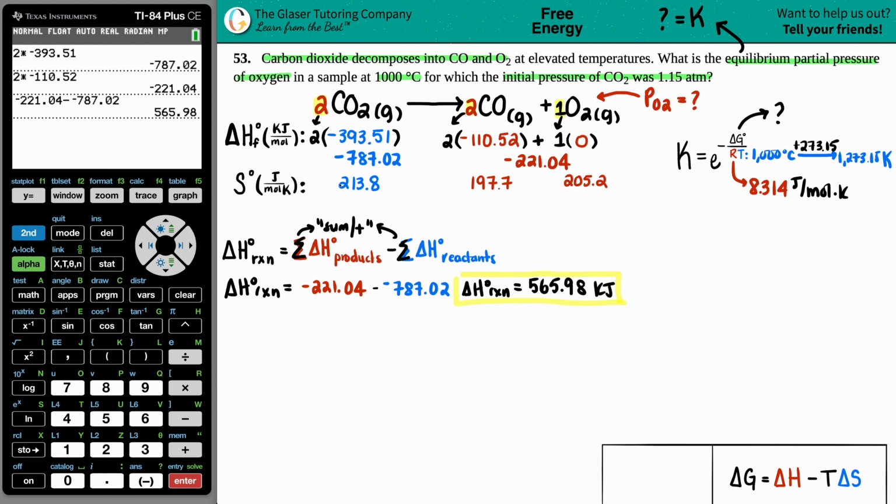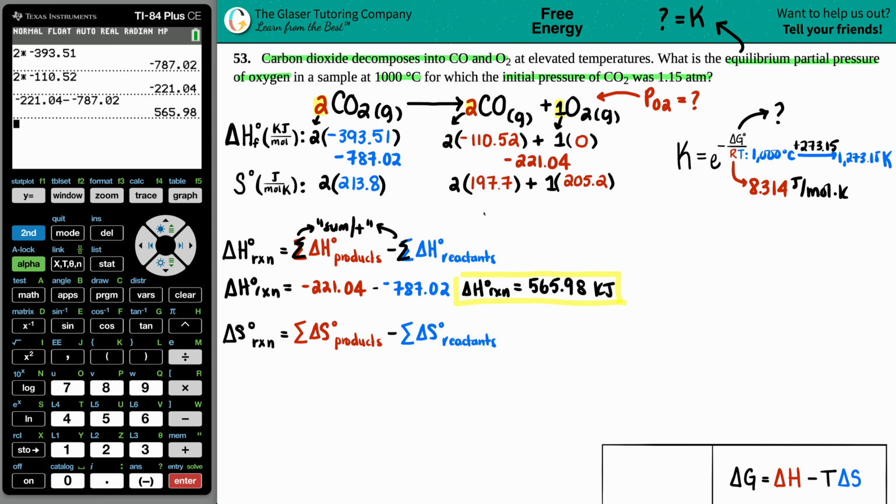Now we have to do the same thing for the S's. So we could use the same formula, which is this one, right? But instead of the H's, get rid of the H's and just put S's. So delta S for the whole entire reaction would be the sum of the S products minus the sum of the S reactants. Go to the values that you got and multiply them by their coefficients. So I'm going to multiply the 213.8 times 2, the 197.7 times 2, and the 205.2 times 1.